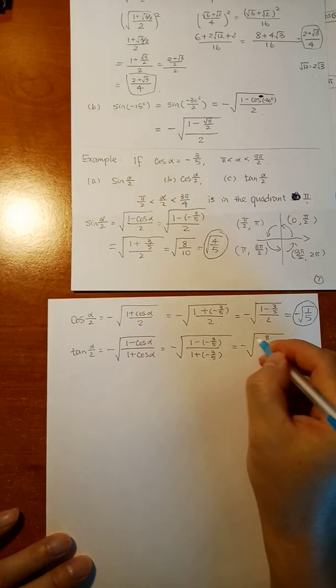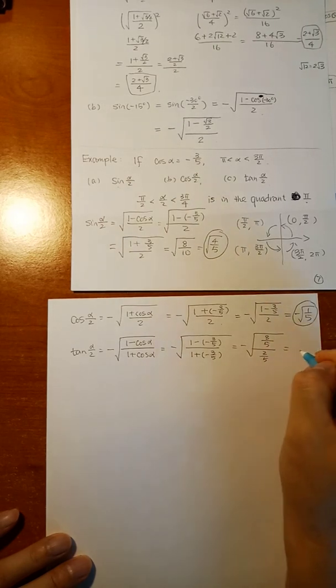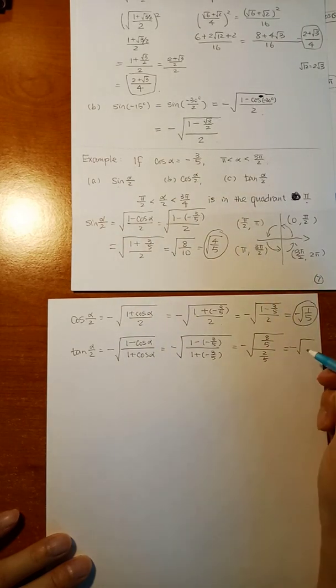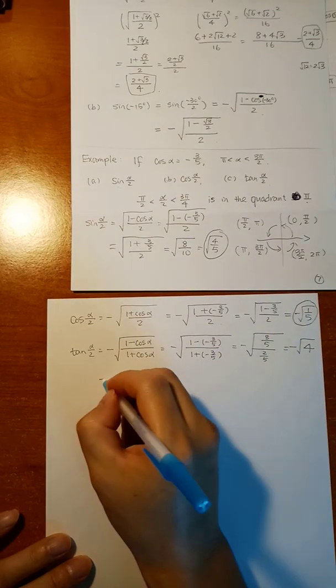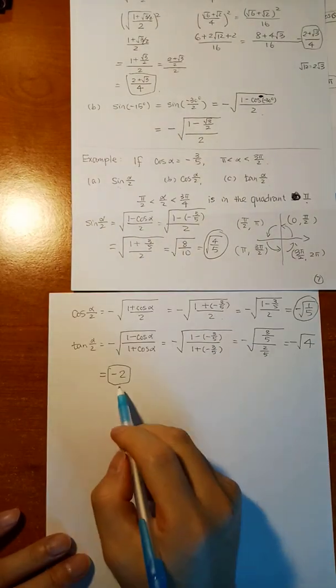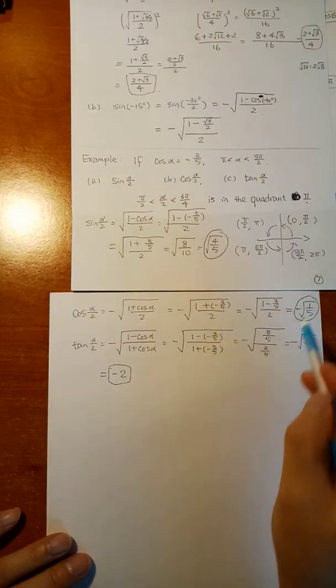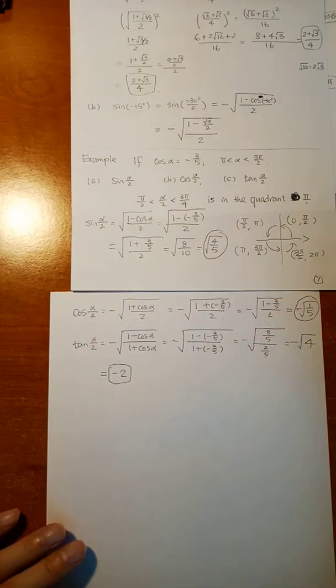The numerator is 8 over 5 and the denominator is 2 over 5. It's equal to negative 2. How do I get negative 2? You move the 4 outside, it will be 2, and with the ratio, it's negative 2.